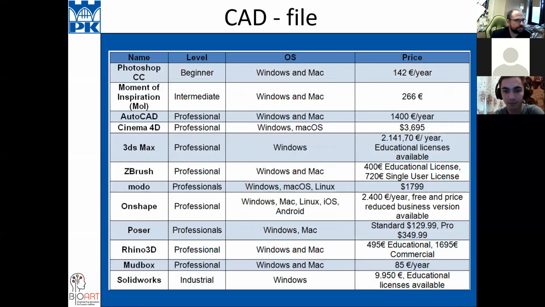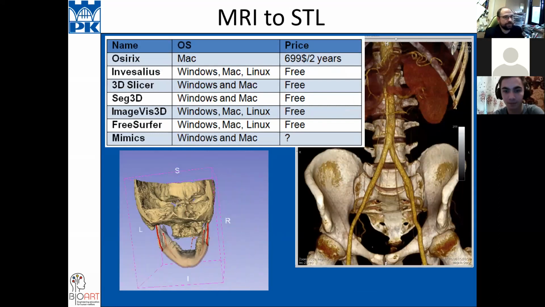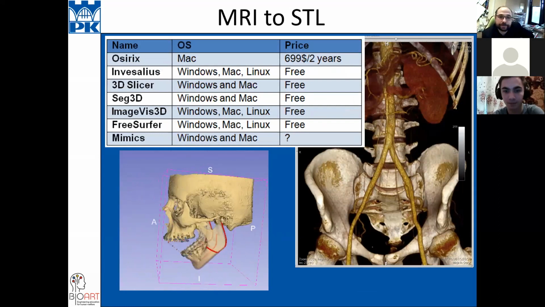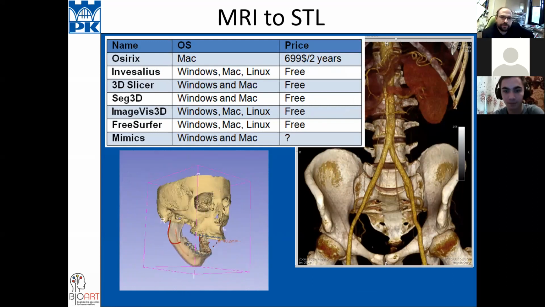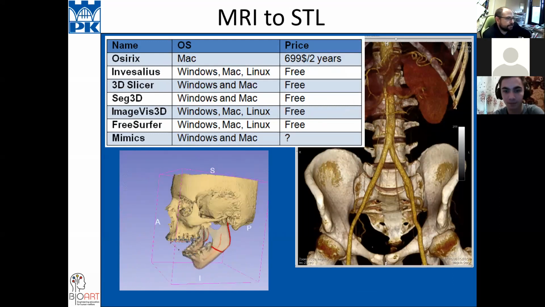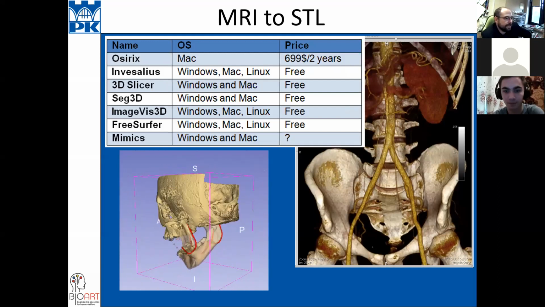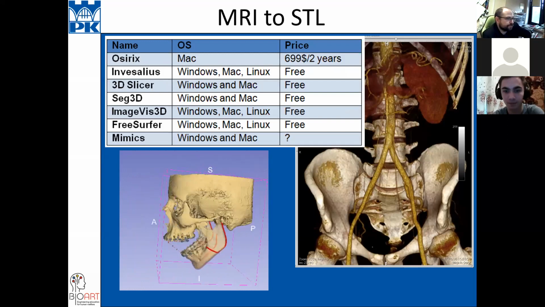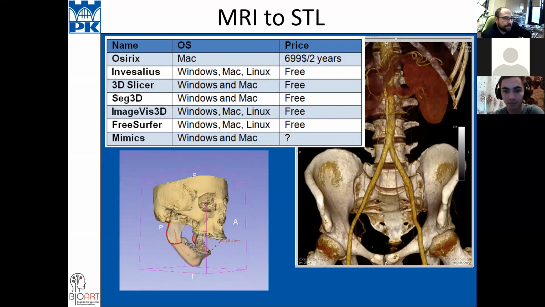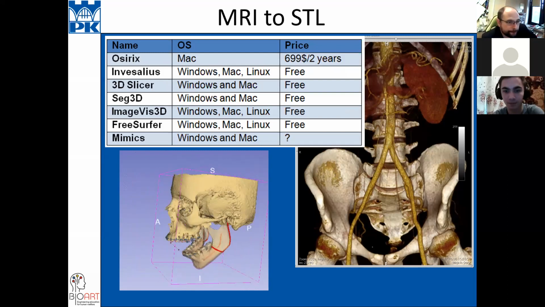More programs, and oh yes, you can also use 3D printing to print something from MRI. And here you have some examples of programs that you can use to change the MRI to STL, and in most cases they are free.